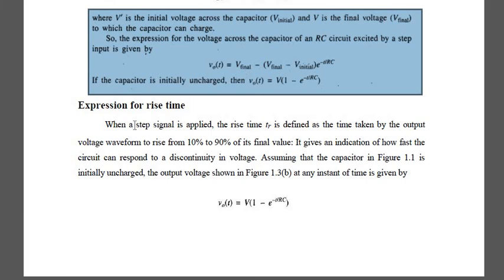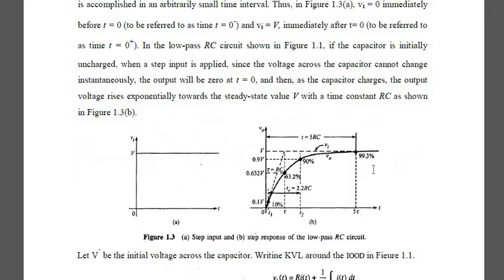I'll repeat it once again. What is rise time actually? Rise time is defined as the time taken for the voltage to rise from 0.1 to 0.9. I'll show it in the graph also. This part is your rise time, the time taken from 0.1 to 0.9. From here to here you get this particular time.